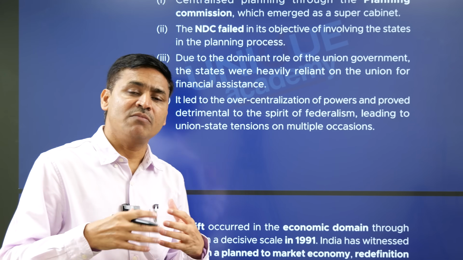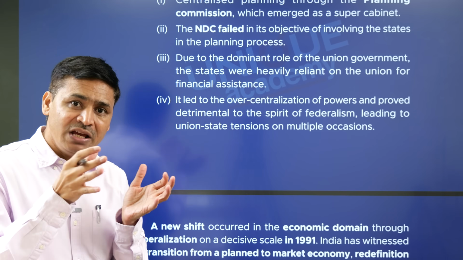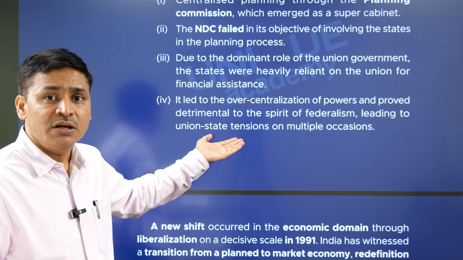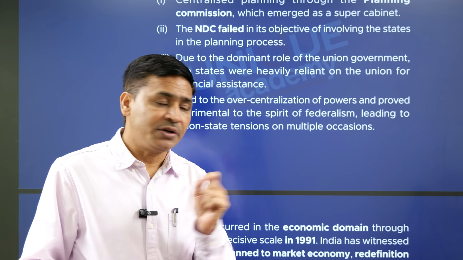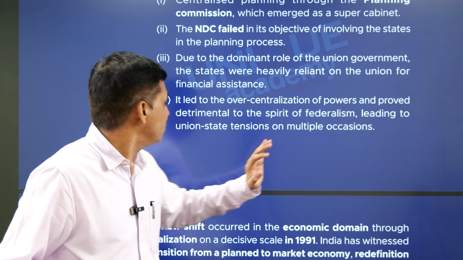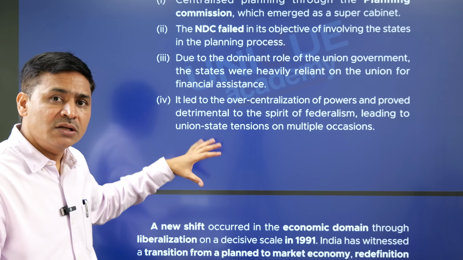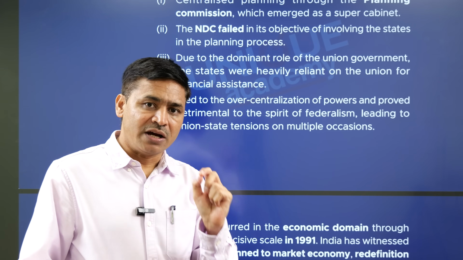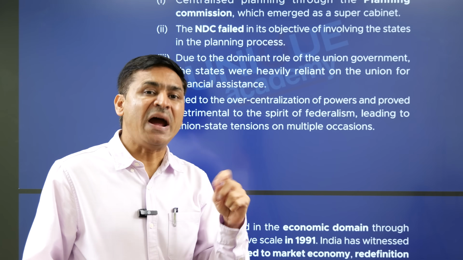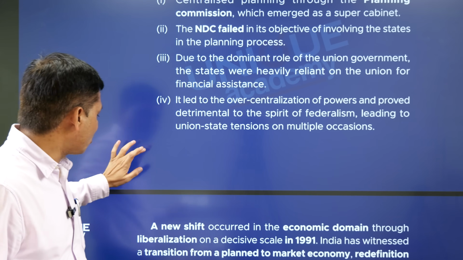But since the very model of planning was heavily centralized, okay, what happened ultimately? It proved to be detrimental to the spirit of federalism, leading to union-state tensions on multiple occasions. So these 4 points very precisely underline as to how financial union-state relationship panned out during the planned economy days.